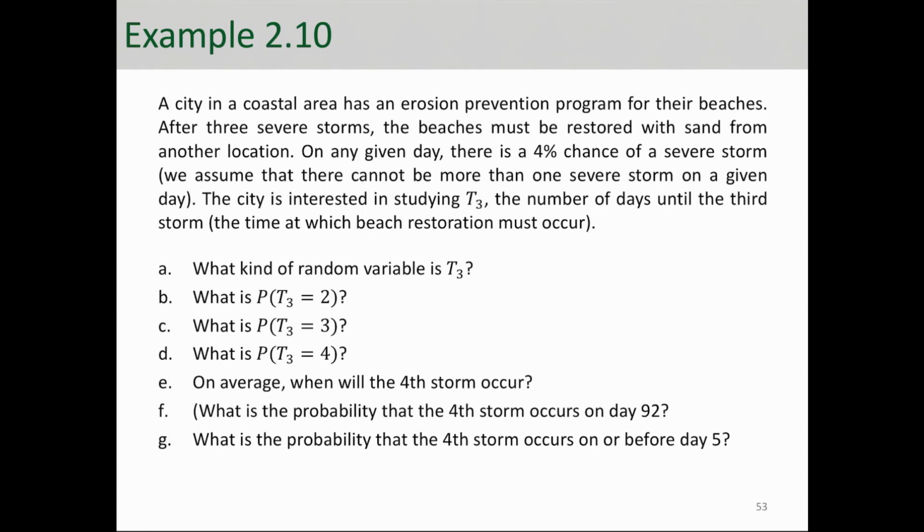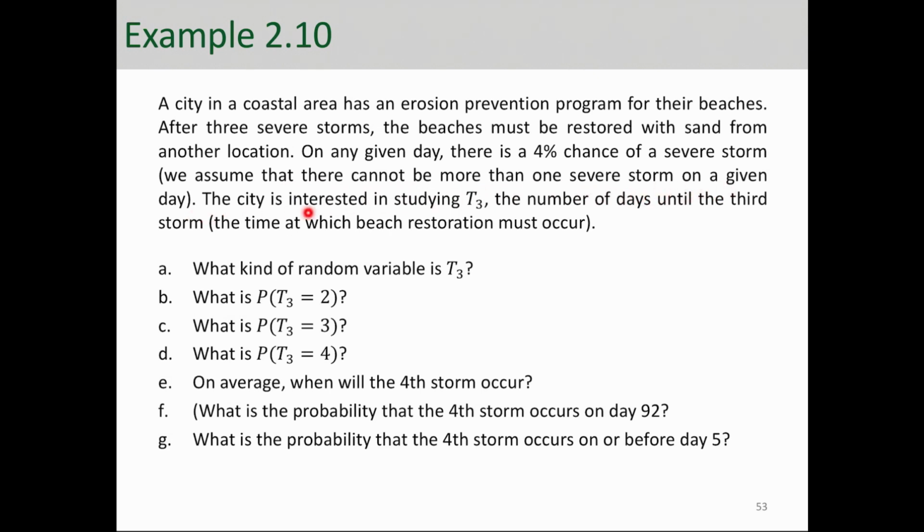This one says a city in a coastal area has an erosion prevention program for their beaches. After 3 severe storms, the beaches must be restored with sand from another location. On any given day, there is a 4% chance of a severe storm. We assume that there cannot be more than one severe storm on any given day.